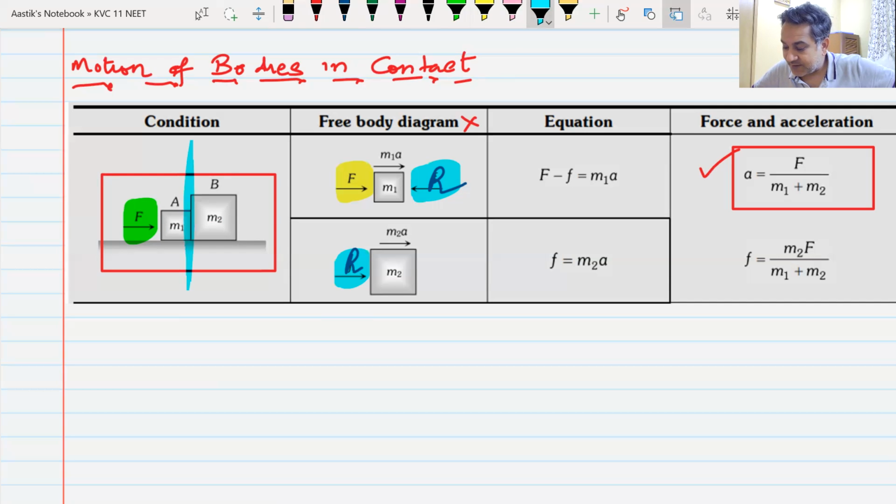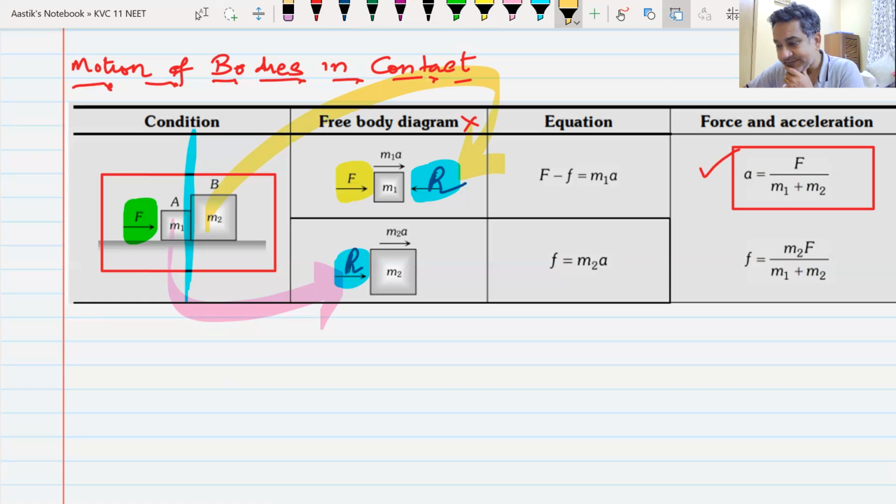These two bodies are kept in contact, so they are both pushing each other. M1 is pushing M2 forward, and M2 is pushing M1 backwards. Do we understand this? That is why this force is coming. This is the reaction force between the two blocks.